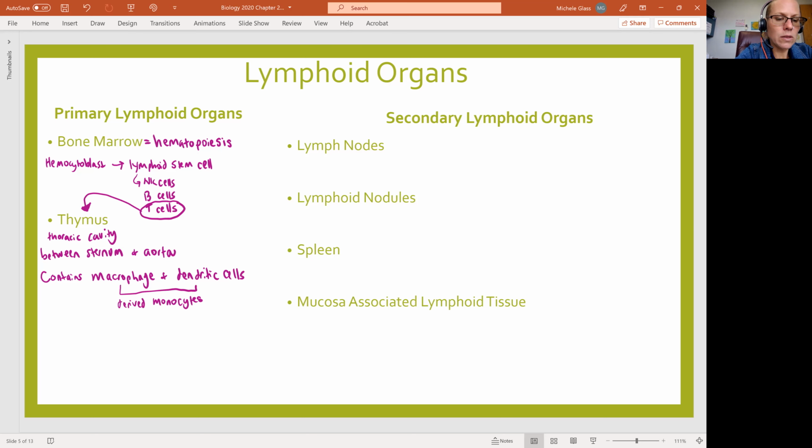And then we'll see that the thymus contains the thymocyte, which is the immature T cell.